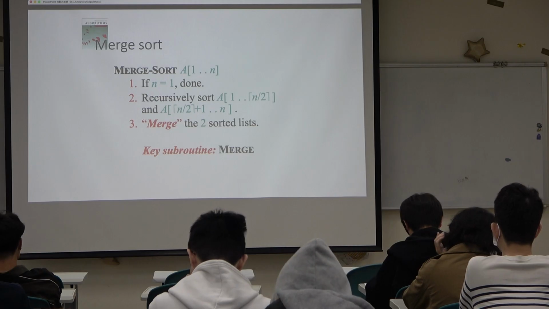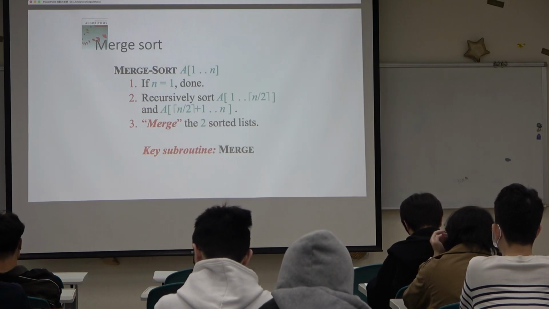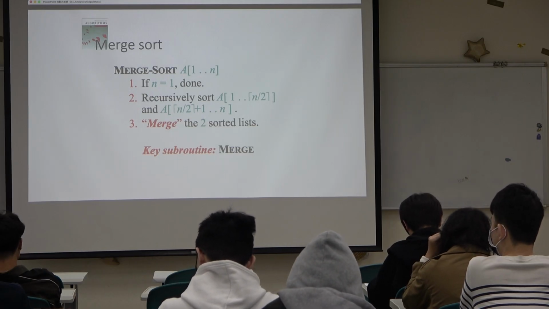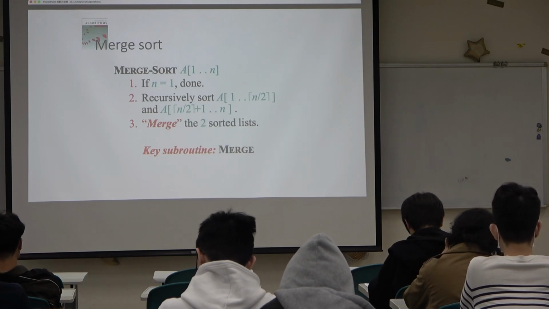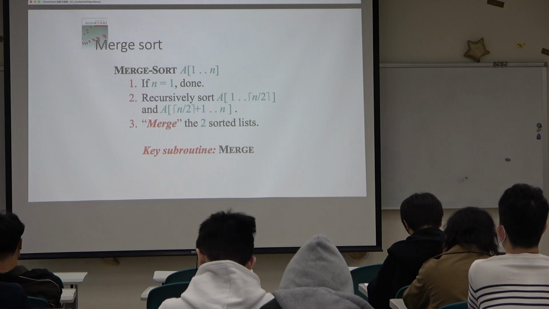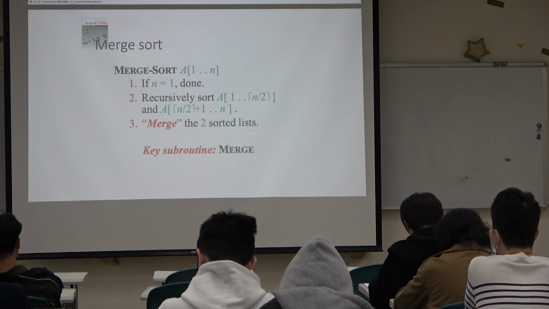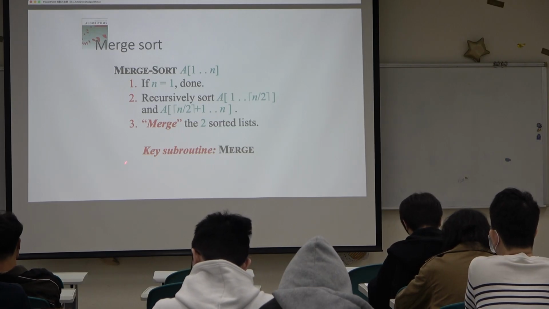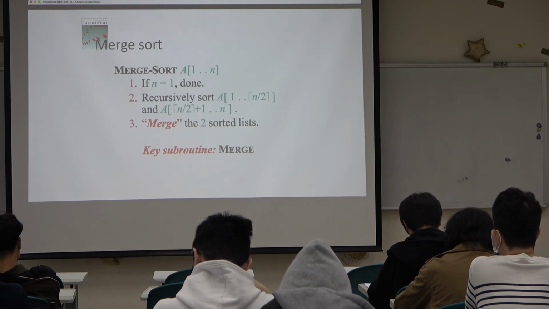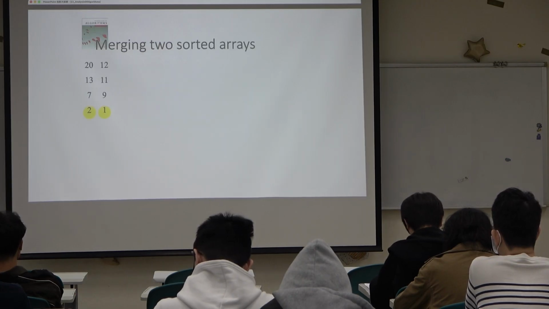In reality, you need to go into a lot of recursive calls, very deep ones, but the computer will deal with that. How about the third one? The third one is our key routine, the merge. How do we merge two sorted lists effectively, efficiently?